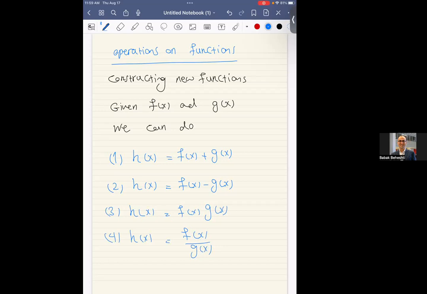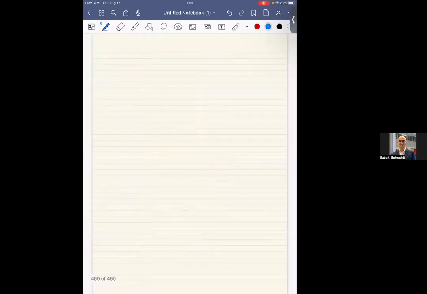Or for multiplication, the value of h at x is the value of f at x times the value of g at x. So basically what we do here, we multiply, add, subtract, divide the values. Another new construction is composition.